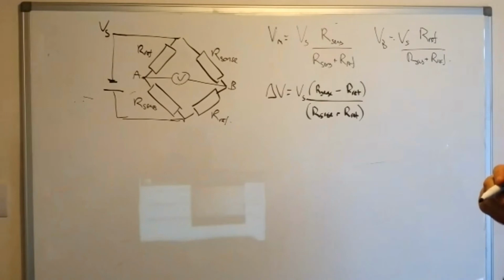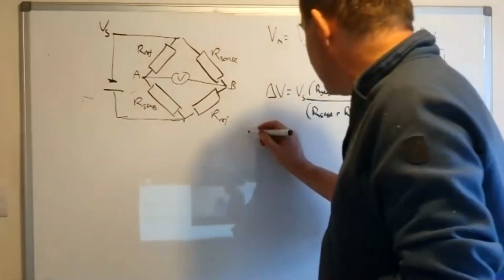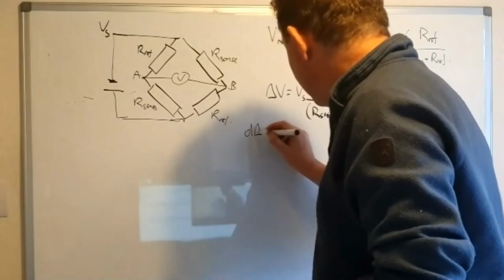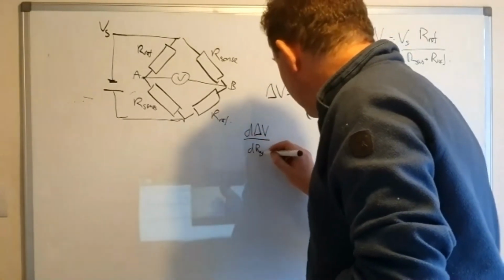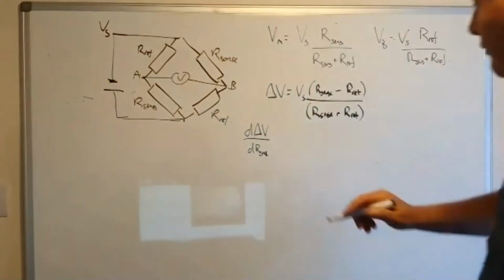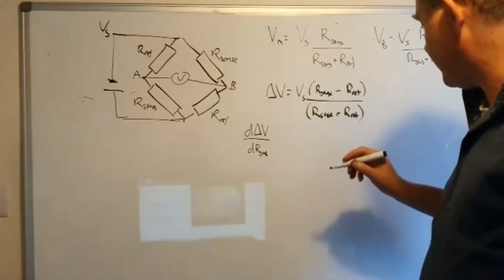So it might be instructive to actually work out the sensitivity of this device. What we can do is calculate the differential change of that voltage with respect to the change in the resistance of the sensor.